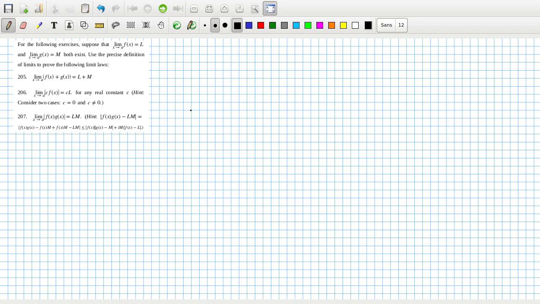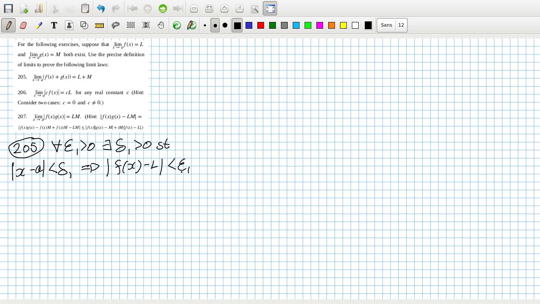Prove the following. 205. So we know for all epsilon 1 greater than 0, there exists a delta 1 greater than 0 such that if |x minus a| is less than delta 1, then |f(x) minus L| is less than epsilon 1.